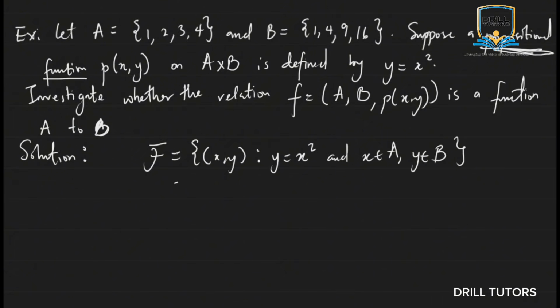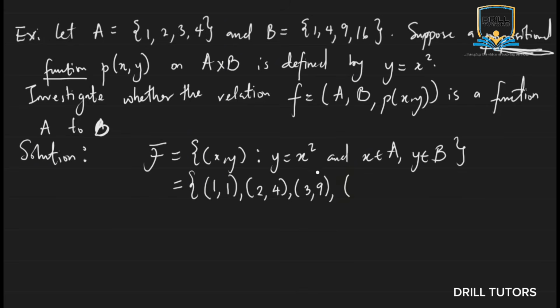So what am I saying? I'm saying that from what we have here, anytime x is 1, you have y to be 1 as well. Also, anytime x is 2, you have y to be 4. Anytime x is 3, you have y to be 9.